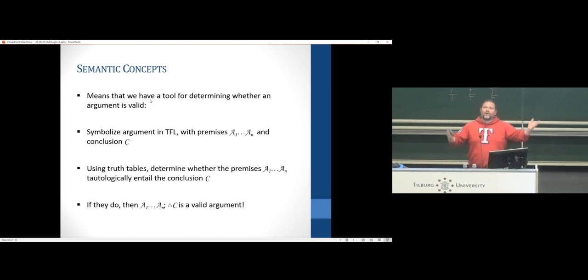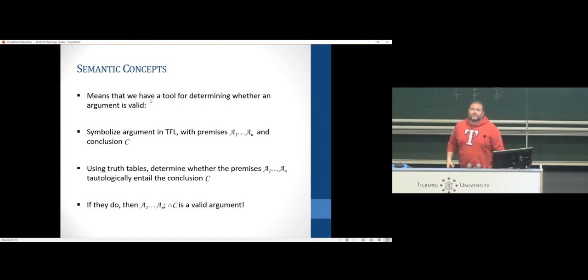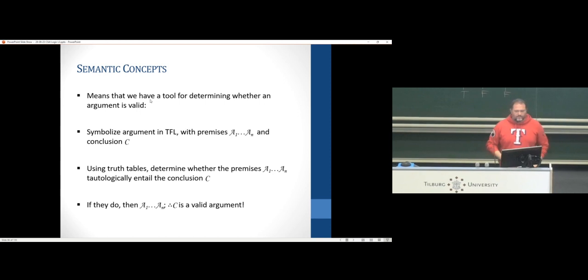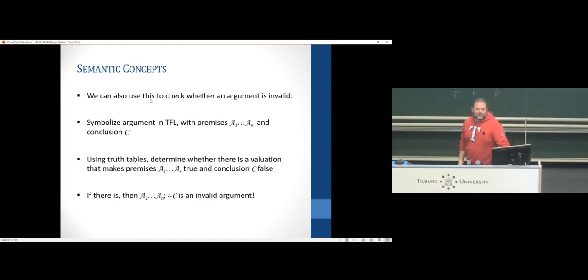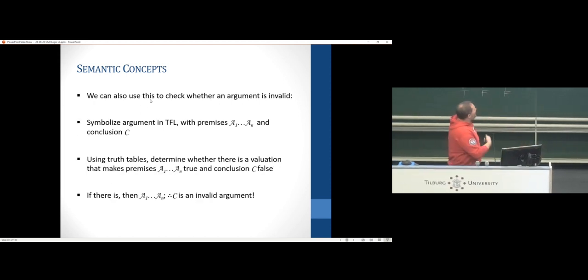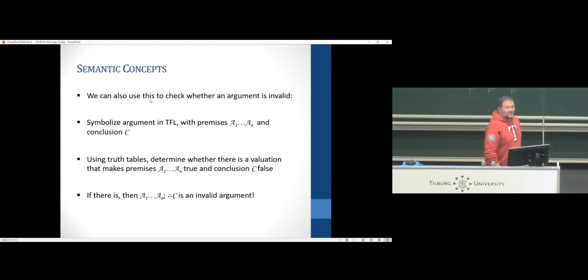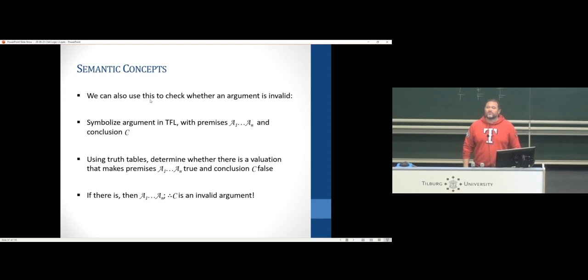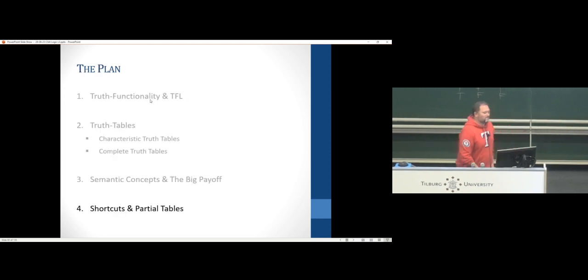We don't have to worry about weird notions of possibility. It's actually just directly baked in. Okay, cool. So this gives us a way, again, to determine invalidity too. All we do is find the valuation where the premises are true and the conclusion's false. You'll read it off the table. It's magic. Absolute magic.